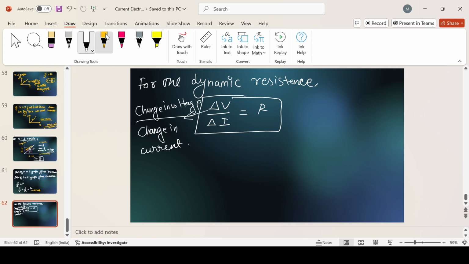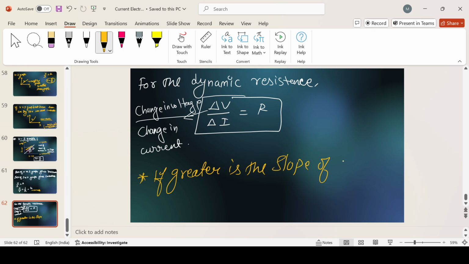Another point to remember is that the greater the slope of the VI graph, the greater is the resistance of the conductor. Remember this.